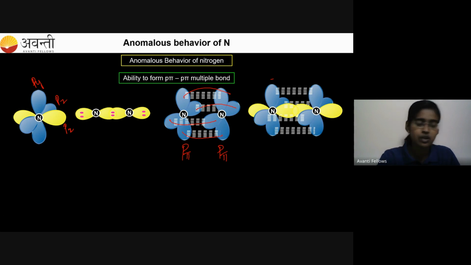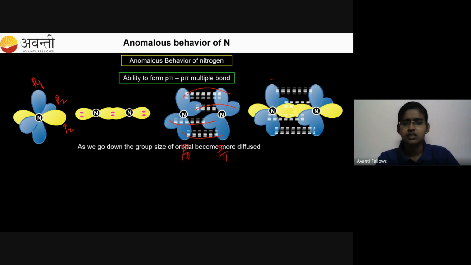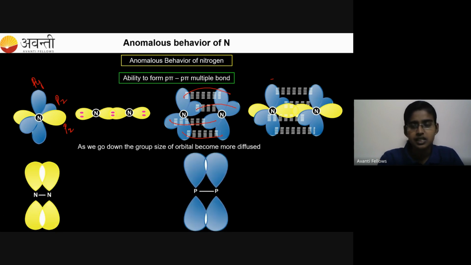As we go down the group, the size of the orbital becomes more diffused. You can see the size of the orbital becomes big. So what happens? The overlapping area becomes very less. In the case of nitrogen, the overlapping area is more because the orbital size is very small, so it leads to a strong overlapping.